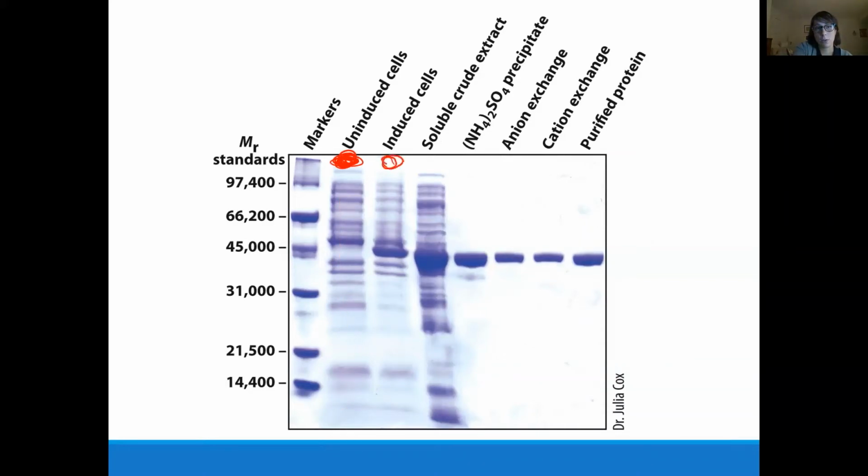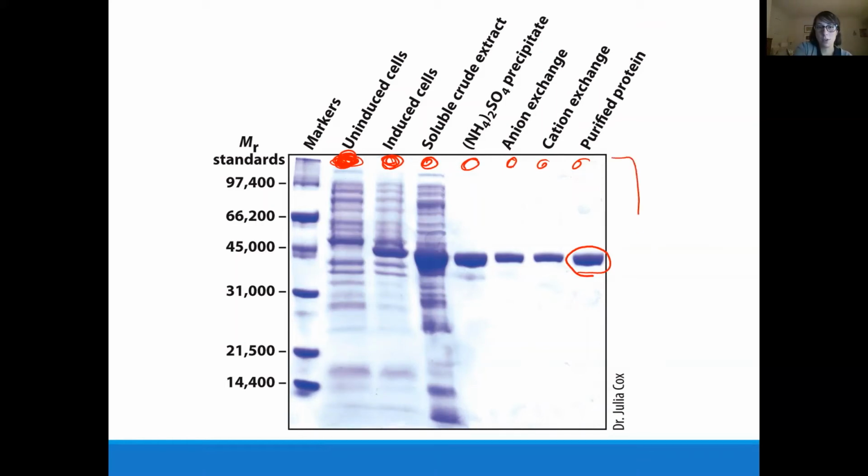And as we go from sample to sample, you can see that this last sample only has one band, one protein available. This experiment was actually taking some mix of proteins from cells, and they were using types of chromatography to try to separate out one particular protein.